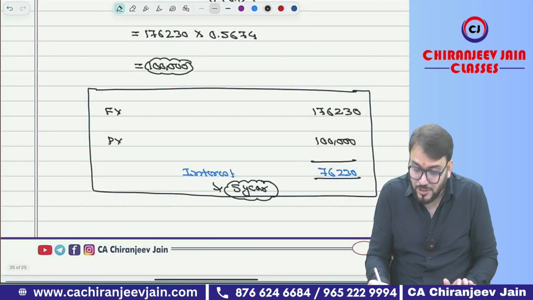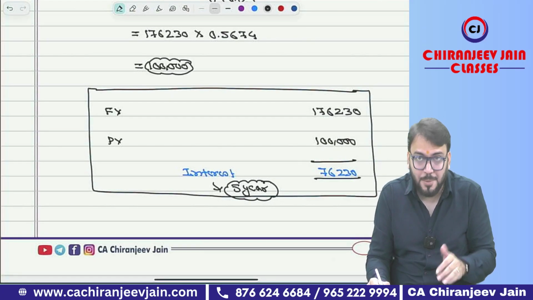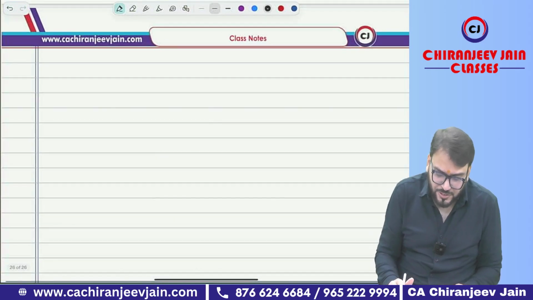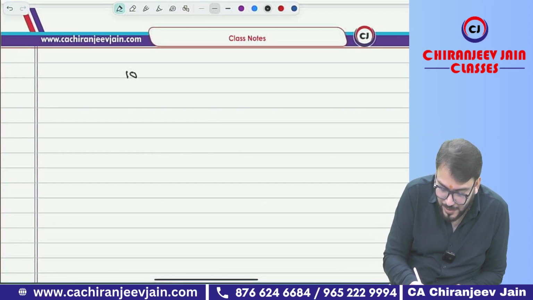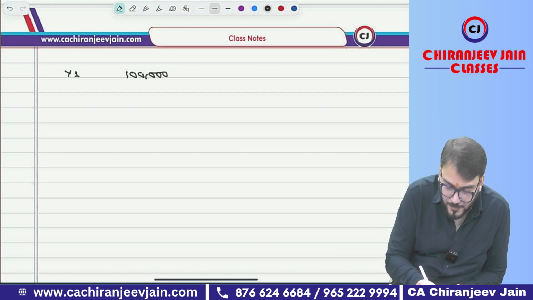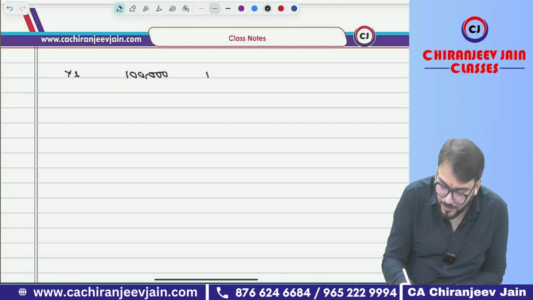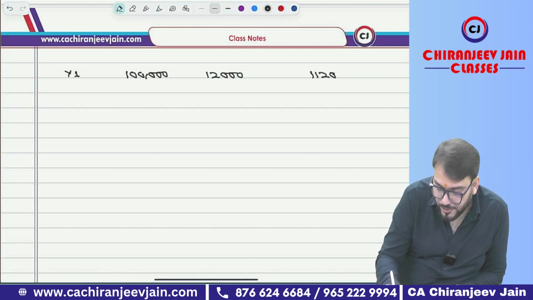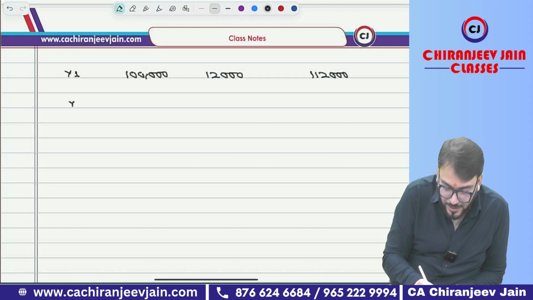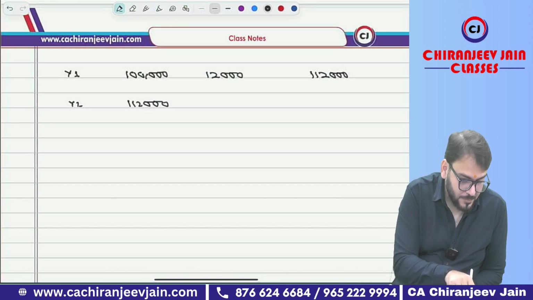Have you understood? So this is interest for how many years? 5 years. Or can I say it in this way? Just try to understand. If 1 lakh was for year 1, then 1 lakh into 12% is 12,000. So what is the closing balance? 1,12,000. Then for year 2, the opening balance becomes 1,12,000.